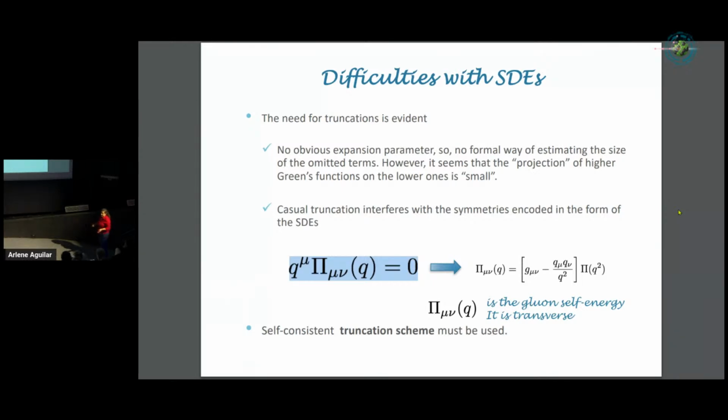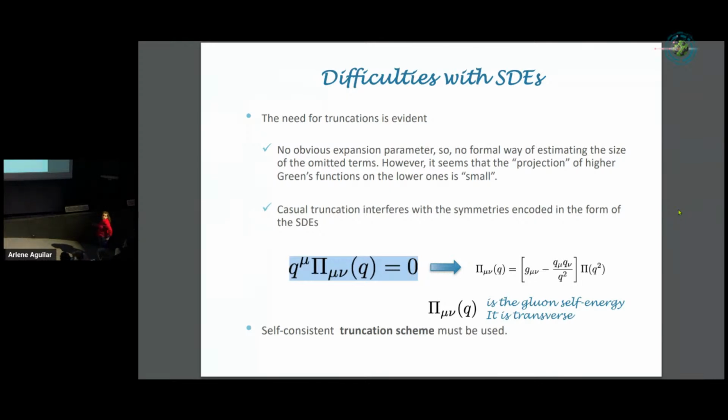But previous studies tell us that higher Green's functions usually give small contributions in comparison to the lower ones. So based on this previous knowledge, you truncate the series.